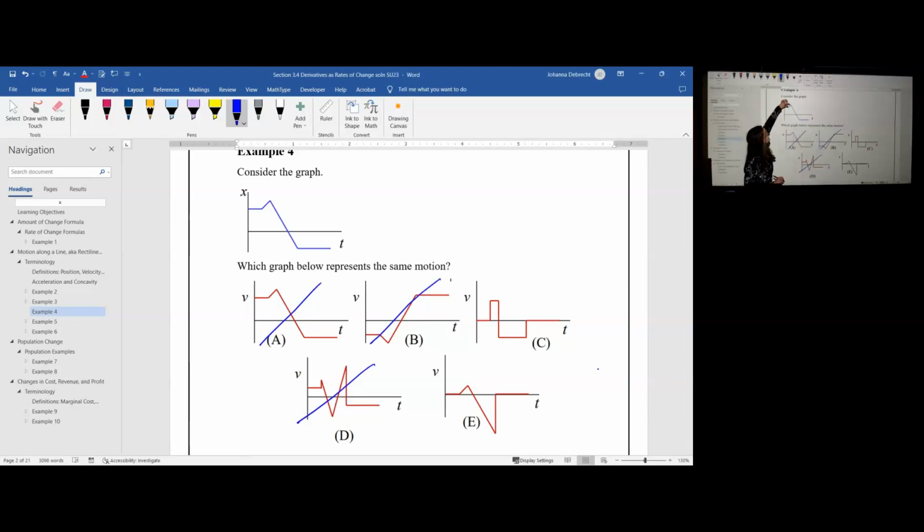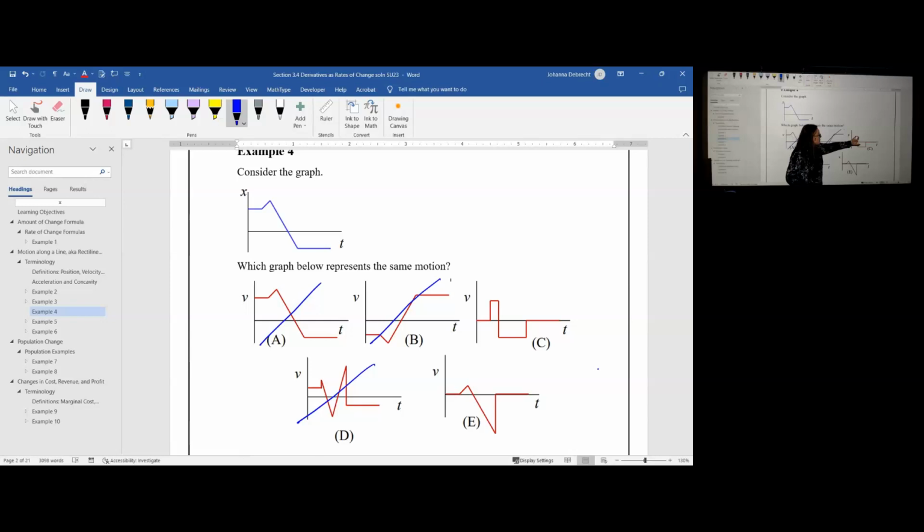Now let's look at the next segment. This is a linear section, but it is slanted positively, which must mean we have a positive velocity, but it's not changing, it's constant. This will correspond to a horizontal segment above the t-axis in the velocity.